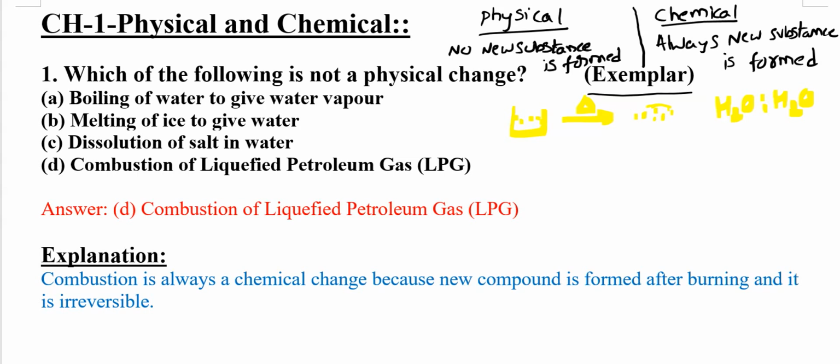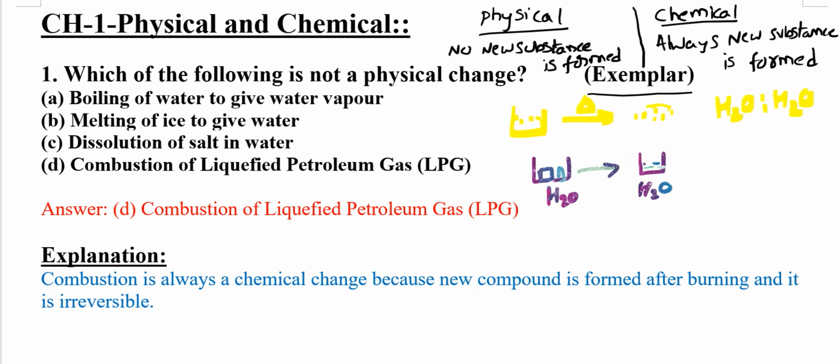Okay. Next, melting of ice to give water. If you take ice cubes in a bowl, after some time when they melt, we get water. The formula of ice is H2O, and the formula of water is H2O. Physically maybe different, chemically the same. The formula is the same. Next, dissolution of salt in water.